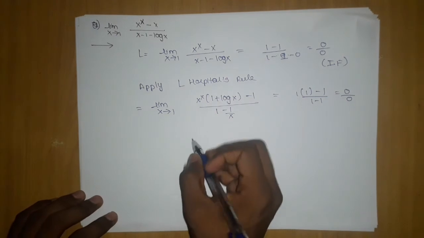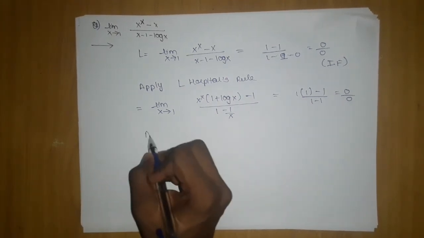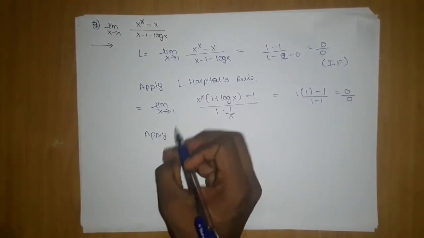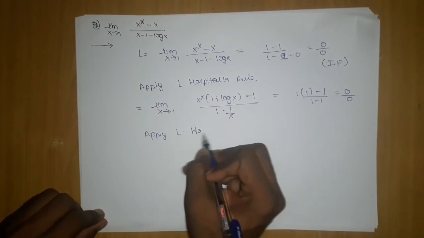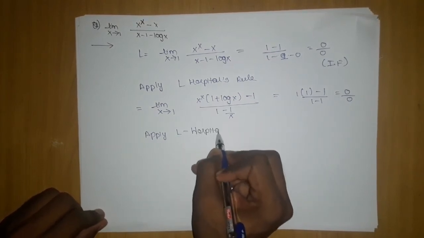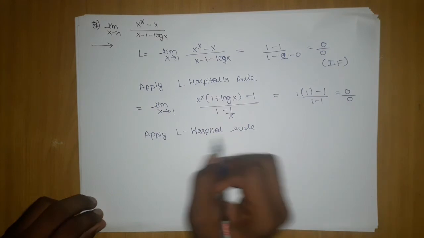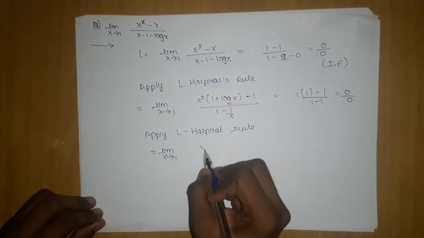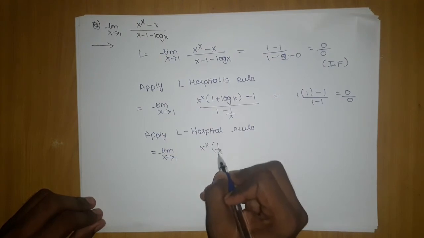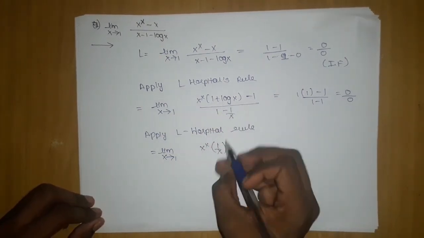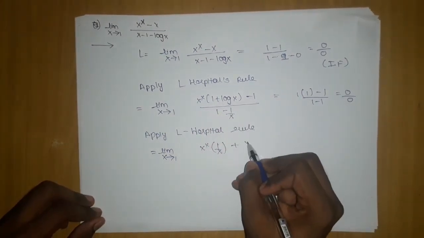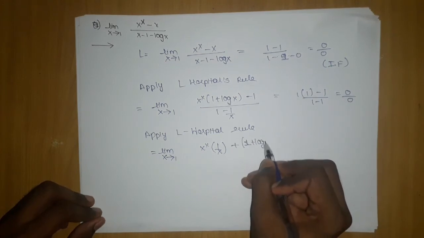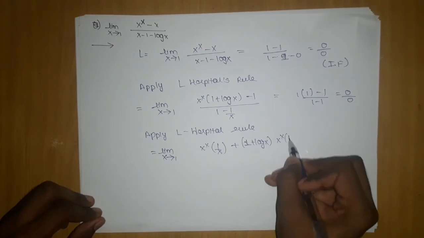If I differentiate it again, what am I getting? This will become 0, this will be 1 by x times 1 plus log x, and this will be as it is, x power x into 1 plus log x.